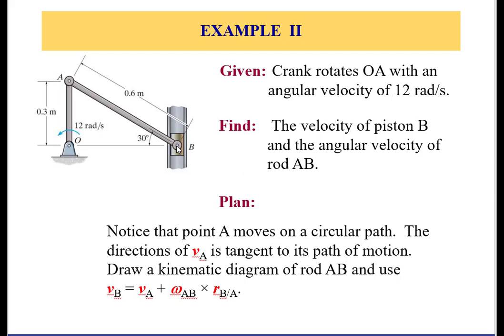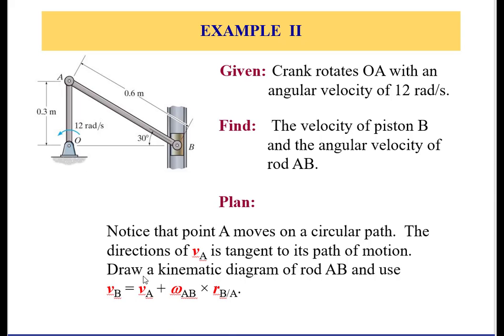Analyzing the velocity of B from this link, it is equal to the velocity of A translating plus the relative velocity of B as seen by A, which is the angular velocity of link AB cross the position of B as seen by A. So the vector is going downward like that. The head is here and the tail is here.